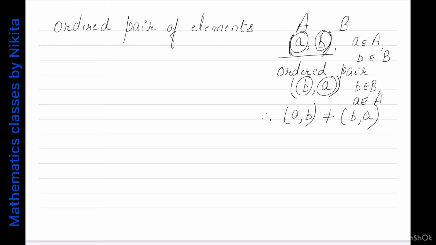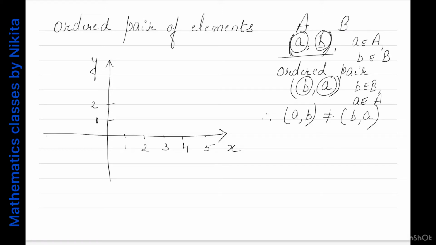If I explain it to you in two dimensions, inside a plane, let's see, suppose this is your x axis and this is your y axis. Let's mark some points: 1, 2, 3, 4, 5. Then here I have 1, 2, 3, 4. Suppose I want to find the ordered pair.